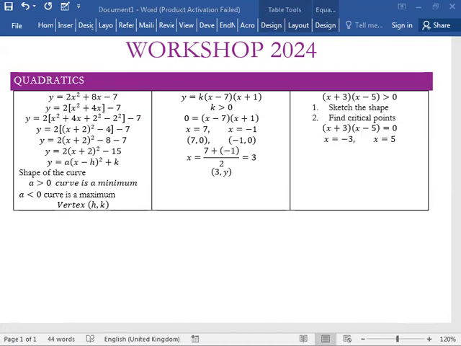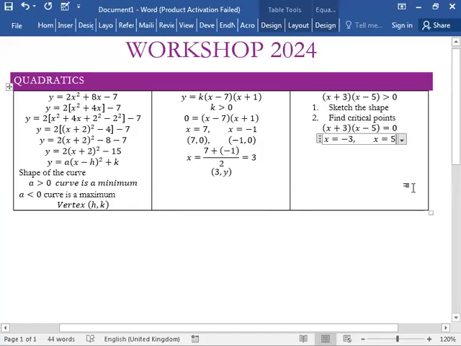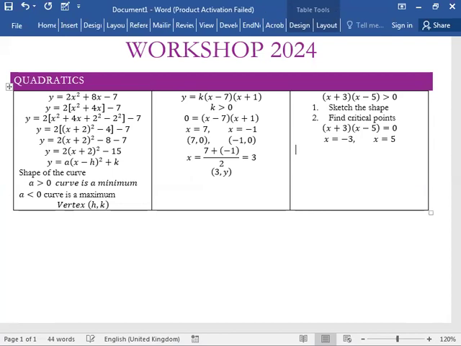Is that right? Where will -3 be? यहाँ पे -3 and it will be a 5 over here. Now what are we searching for? The third and the last step, that is trace the solution.